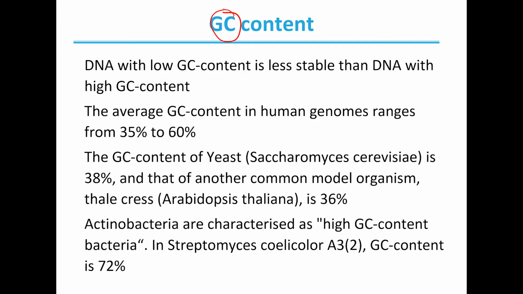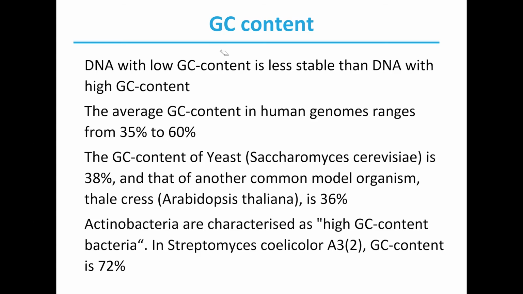Now, G and C pair together, but that doesn't mean that there can't be just 40% or 20% GC. G and C happens to be a stronger pairing bond. And so DNA that has less GC content is usually thought of as being less stable than DNA with high GC content.